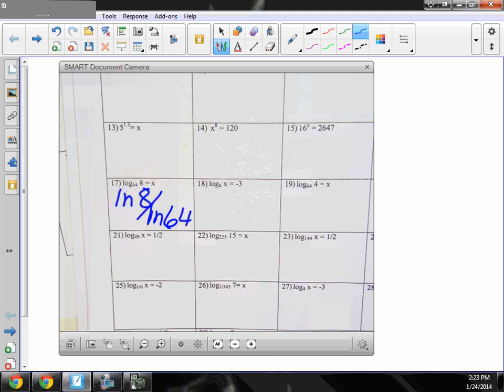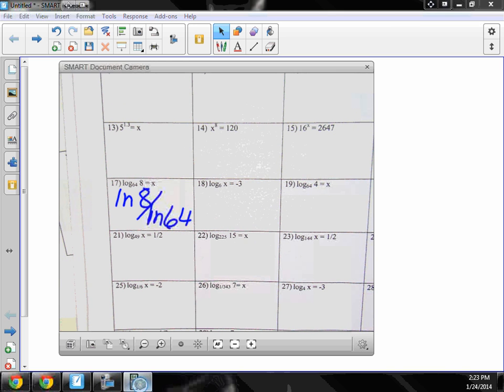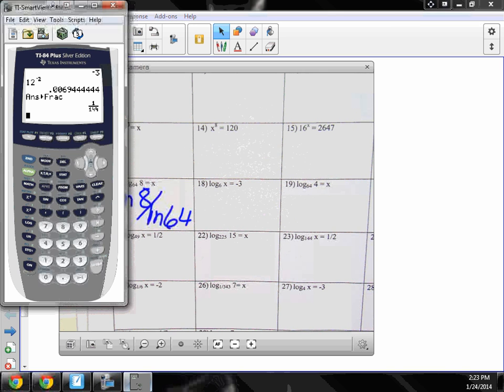You just plug it in your calculator. Log is fine. As long as it's either ln over ln or log over log, you're okay. You just can't do ln over log. So if I type this in, ln of 8 divided by the ln of 64, and we'll probably need a fraction on this one, 1/2.